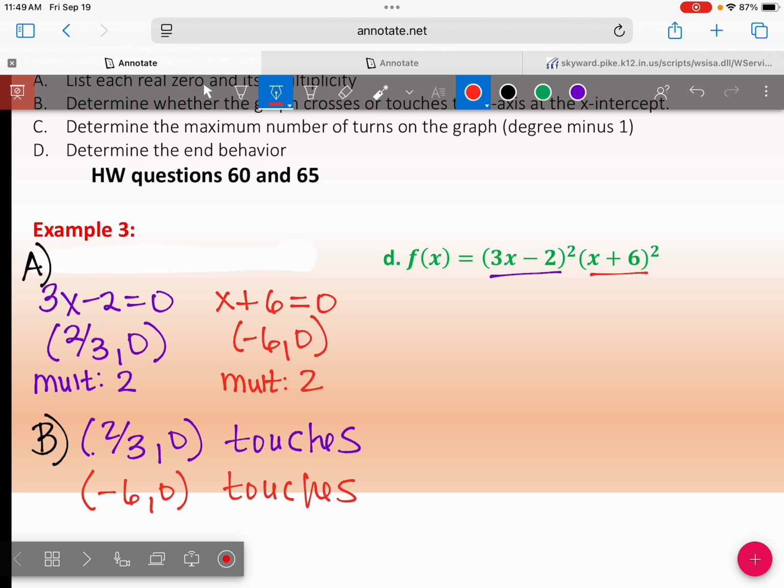Part C is asking us to determine the number of turns, which is the degree minus 1. So to find your degree, we're going to add our multiplicities, which would be 2 plus 2. So this is a 4th degree.